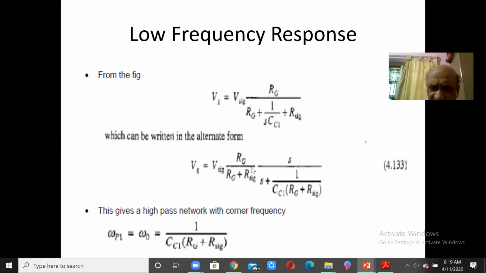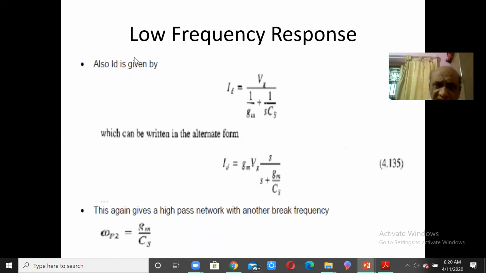Now this is an expression in the Laplace domain for a high-pass network with the cutoff frequency as this, S by S plus omega p1, and that will be the low frequency network with a corner frequency of this, and this is the corner frequency in radians per second. Omega p1 is equal to 1 by CC1 (Rg plus Rsig). It is S by S plus omega p1.